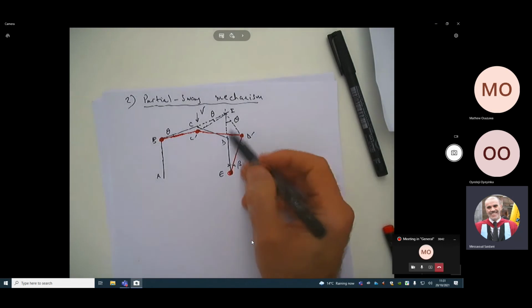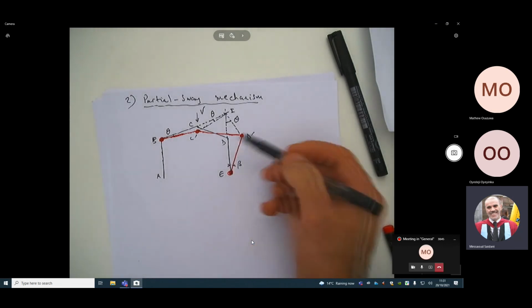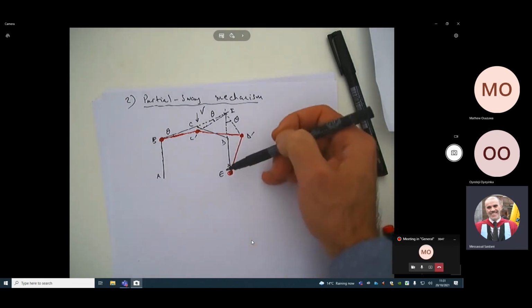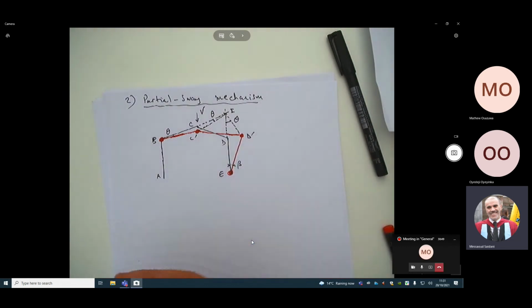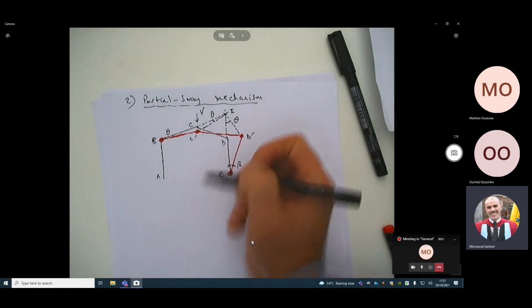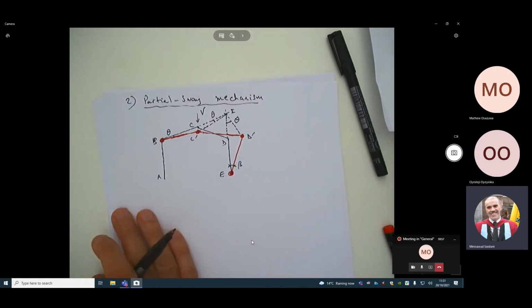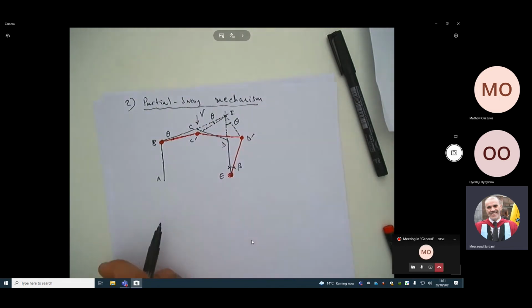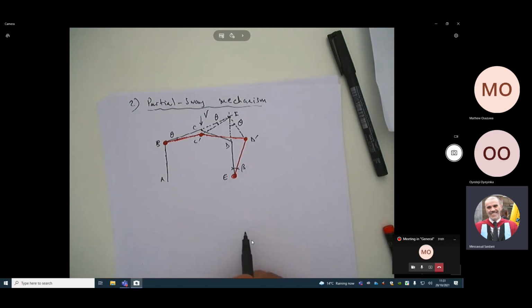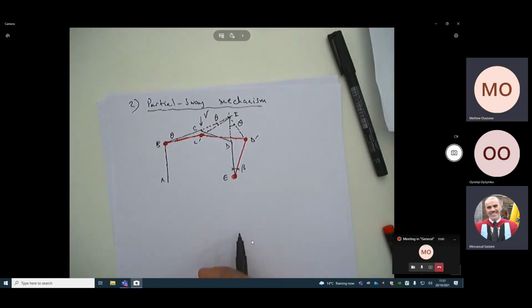The diagram is not drawn to scale, but if you draw this to scale on graph paper, you will see that theta there and theta there are actually equal. All you need is to choose a scale for your frame, do it on graph paper, and you can get the angles from the graph paper. So we have the same angle.